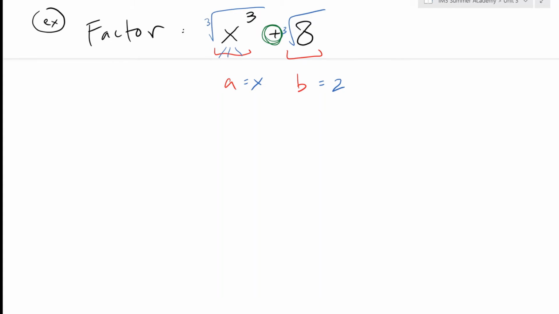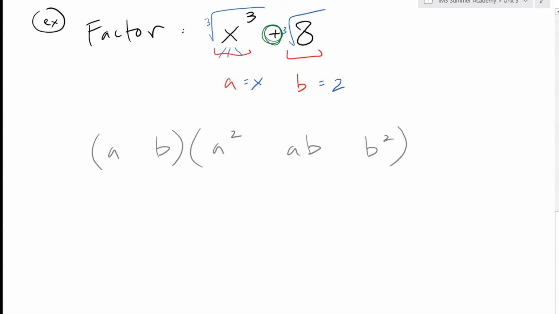So I remember from before that my actual equation is a, b, a squared, ab, b squared, and then using SOAP according to my original piece, same sign, opposite sign, always positive. And now let's take the a and the b and plug them in. So a is x plus b is 2.